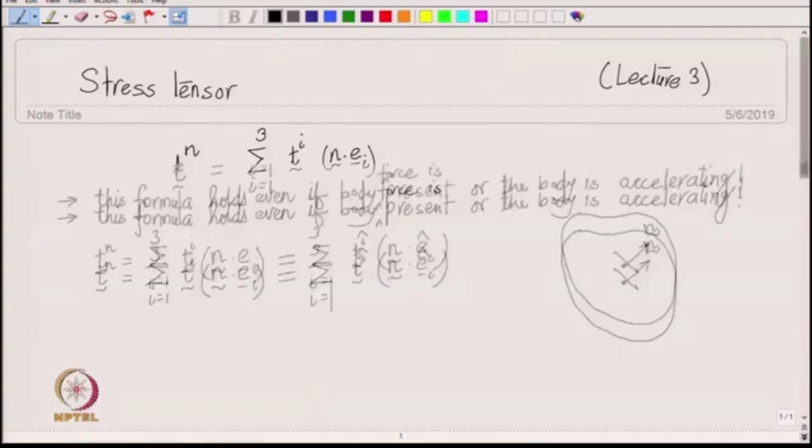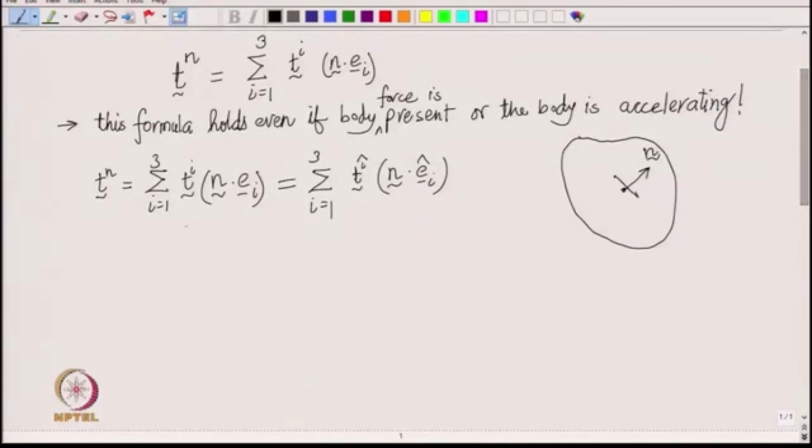In the first case, the planes used are E1, E2, E3, whereas in the second case the planes used are E1 hat, E2 hat and E3 hat. They are the same because, from physics, it is the same plane n. So, whatever three planes you use to get this Tn, it has to be the same.